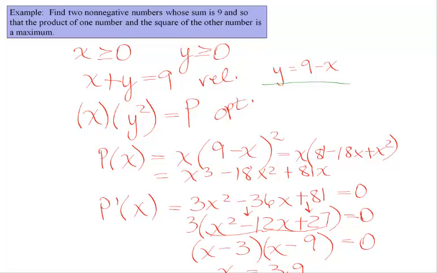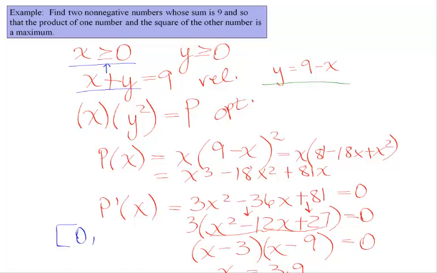We did not talk about endpoints. This would be one of the rare cases where, since I wrote everything in terms of x, I'm looking for an x interval. The interval in which x needs to lie does have a left endpoint. The words did tell me that x could equal 0.